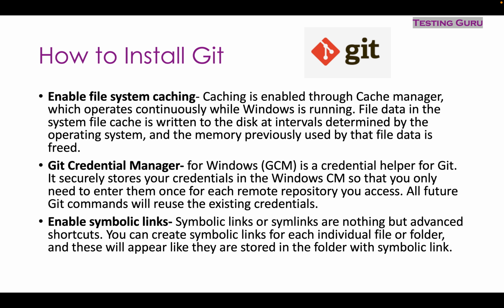The third option, enable symbolic links. Symlinks are nothing but advanced shortcuts. You can create a symbolic link for each individual file or folder, and it will appear as if they are stored in the folder with the symbolic link. Usually teams prefer to enable file system caching and Git Credential Manager.